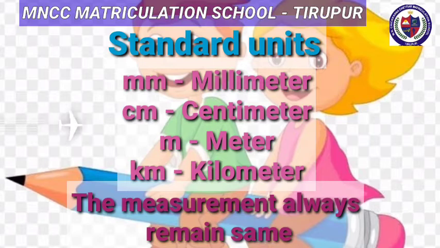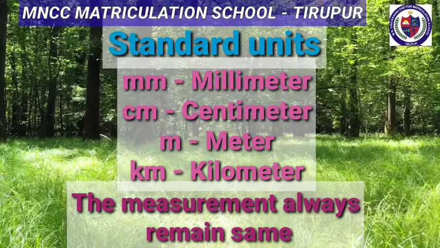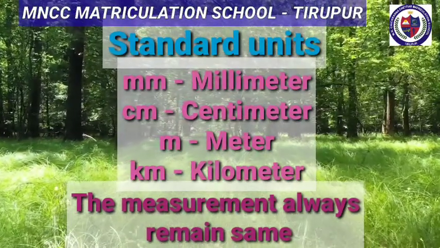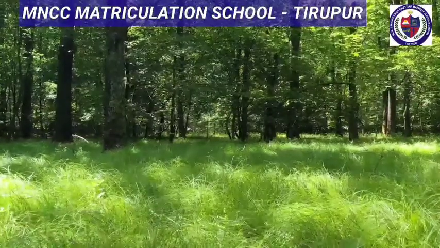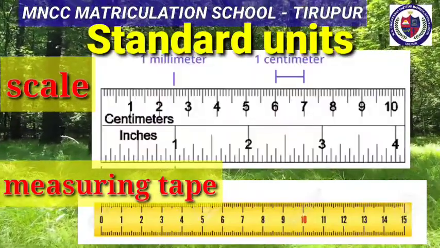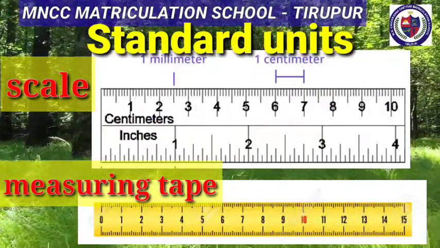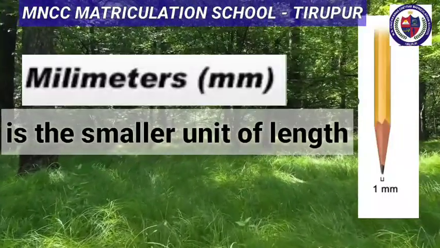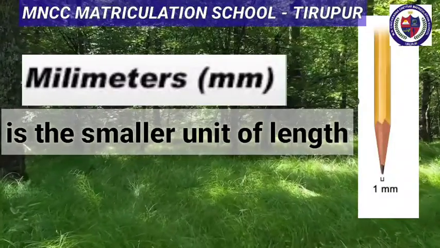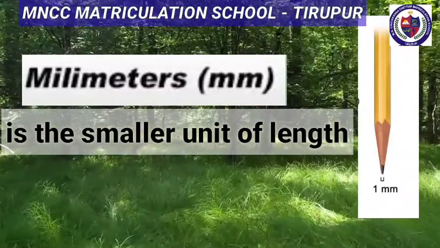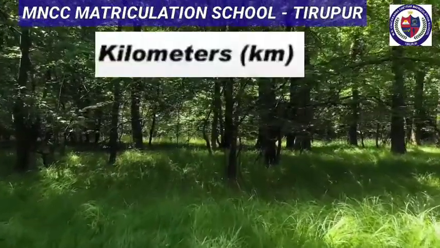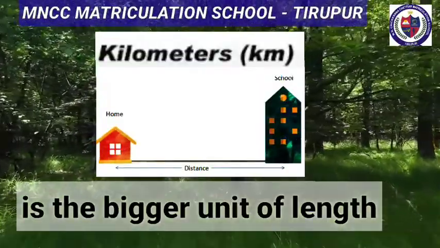The standard units are millimeter, centimeter, meter and kilometer. This measurement always remains the same. The standard unit always uses a centimeter scale or measuring tape. Millimeter. Millimeter is the smaller unit of length. See the given picture. The tip of a pencil is an example of millimeter. Kilometer.